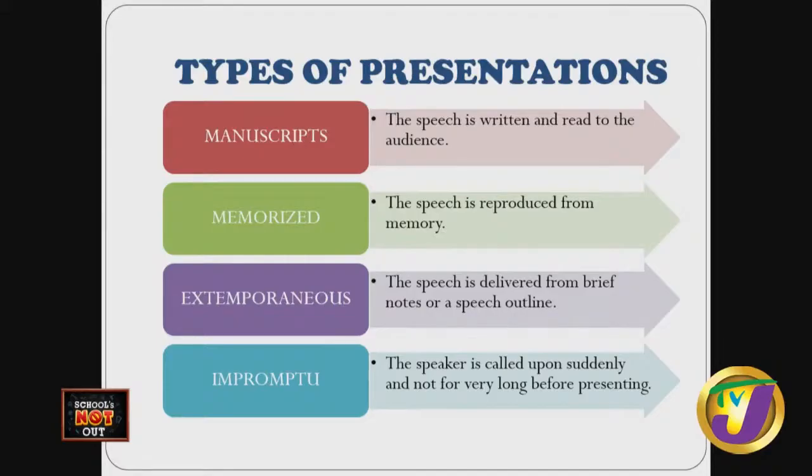So we have manuscript, and in this type of presentation, the speaker knows that he or she is supposed to present the speech, makes adequate preparation, writes the speech, and at the time of presentation, reads from the paper. That's the manuscript. For memorized, again, the person would know ahead of time, make the necessary preparations, but guess what? When it is time to present, they present wholly and solely from memory.